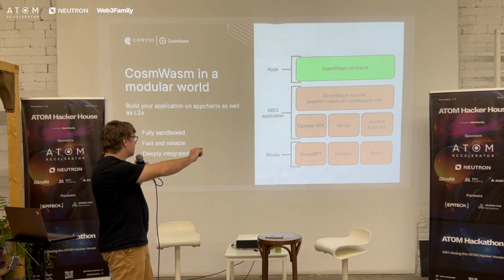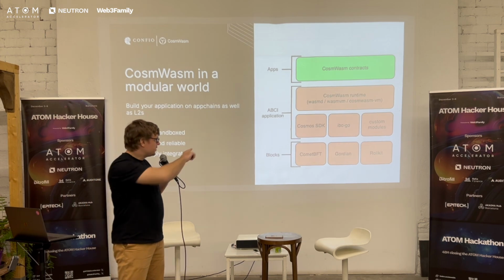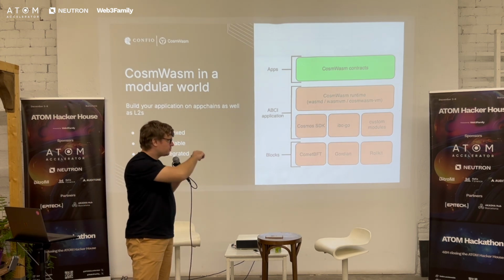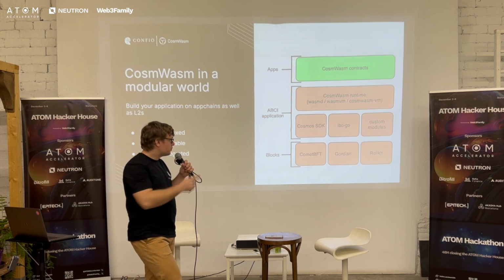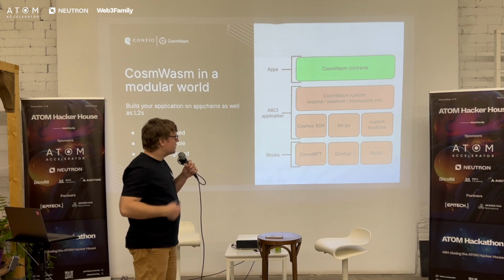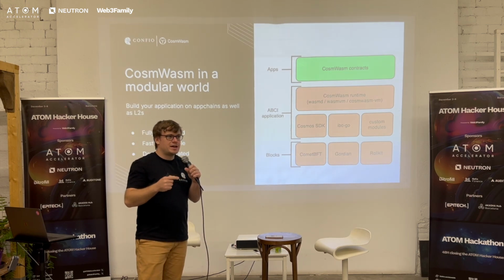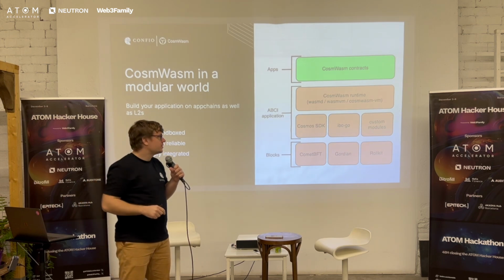So at the lowest level of such a blockchain, we have block production. And the first two options that we have here are pretty much different ways to produce blocks. CometBFT is an implementation of the Tendermint consensus. Gordian is a different one. We have Rollkit as a block producer that is built for layer 2 solutions.